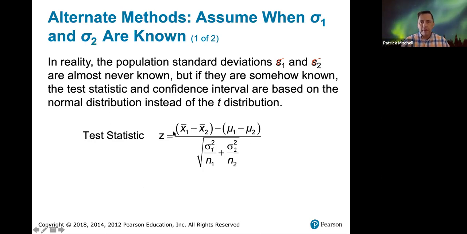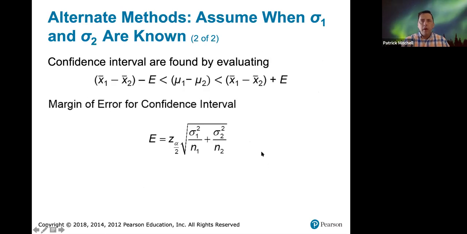Okay. Other than that, it's a very similar formula to what we were using. This is how you find your confidence interval. This is how you find your margin of error in that case where sigma 1 and sigma 2 are known.